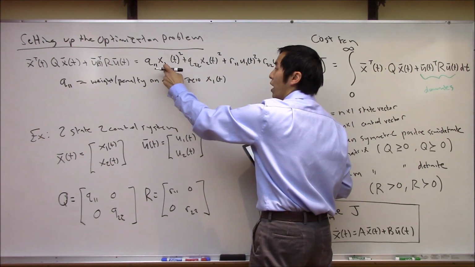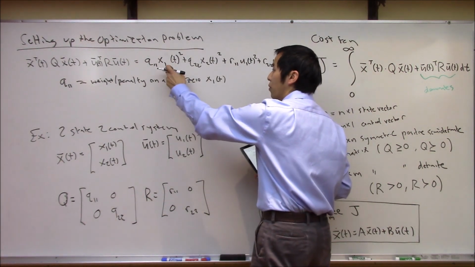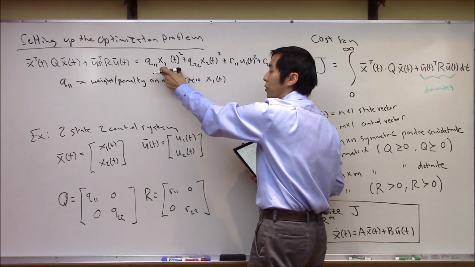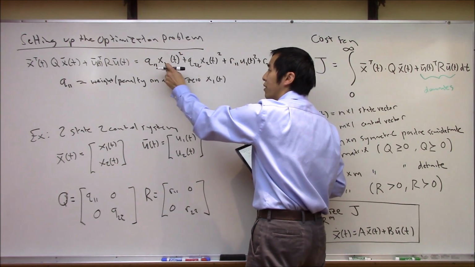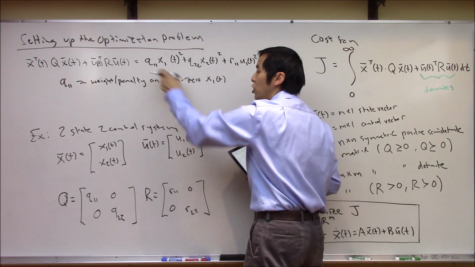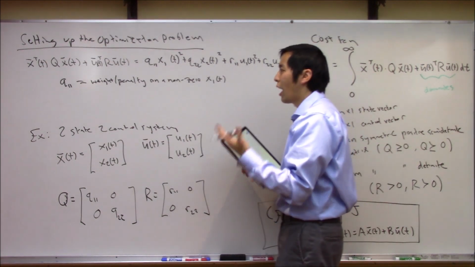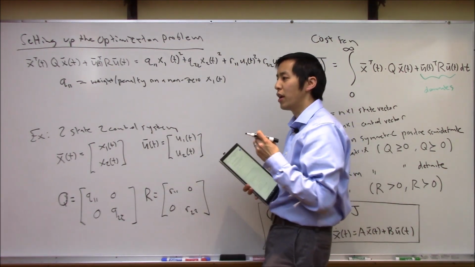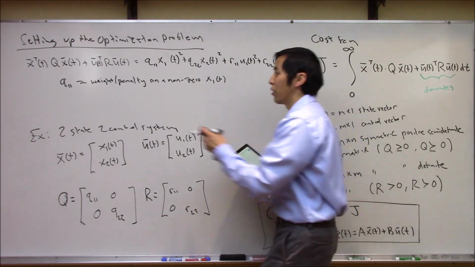If x1 is not 0, if it's positive or negative, by the time you square it, this term is going to be positive. So as long as the magnitude is not 0, this squared term is something positive. And Q11 is this multiplicative factor showing you how much it matters that x1 is not 0. It will either exacerbate that in terms of the cost, or attenuate it, depending on this value.